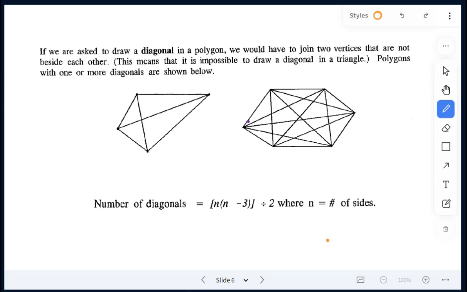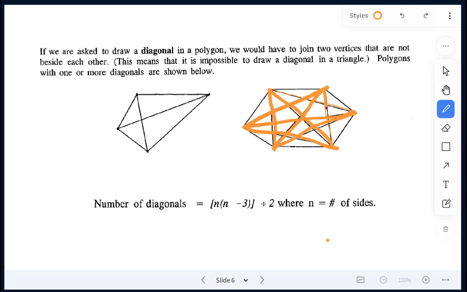So here, for this figure, how many diagonals does this figure have? From here to here, that's 1, 2, 3, and then 4, 5, 6, and then we have 7, and we have 8, and one more, 9.